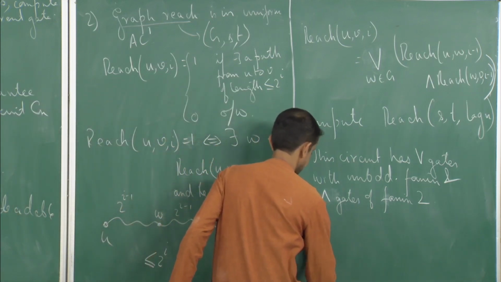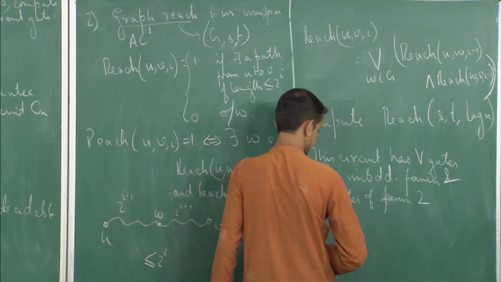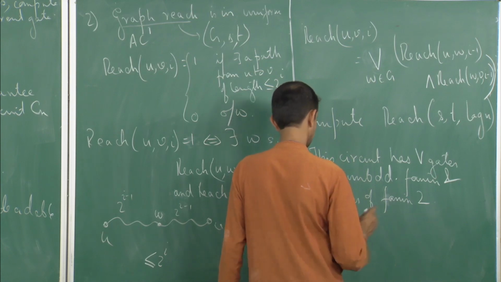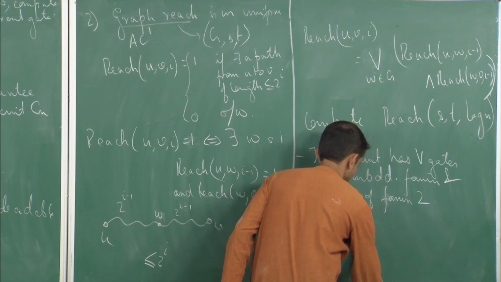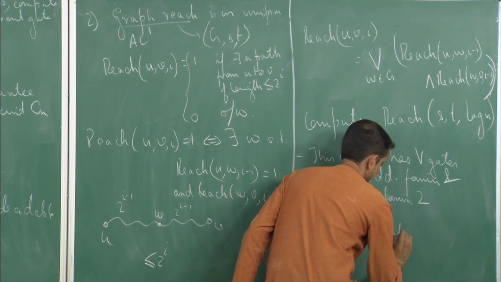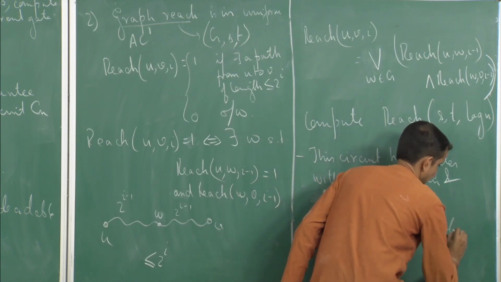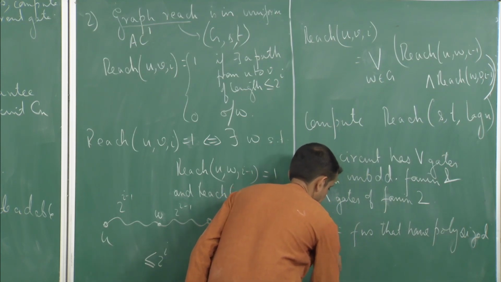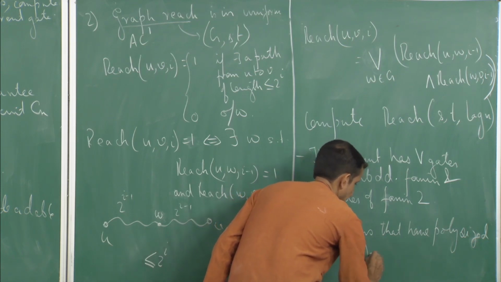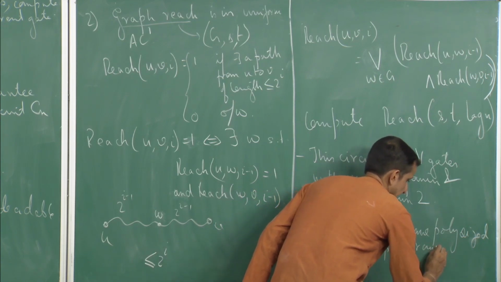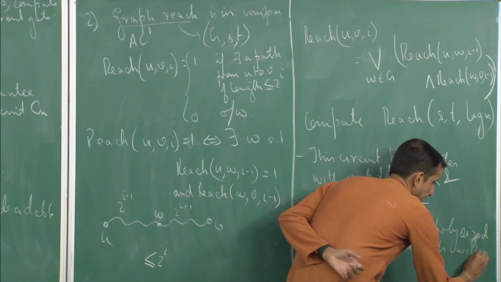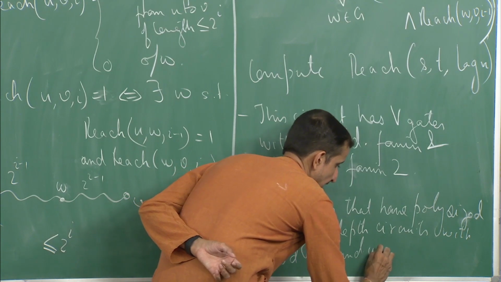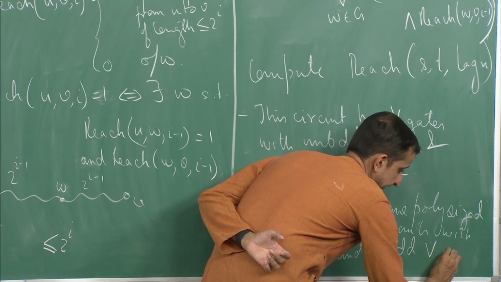Okay. So, SAC1 is the class of functions that have polynomial size, order log to the power 1 depth circuits with bounded fan-in AND and unbounded fan-in OR gates.